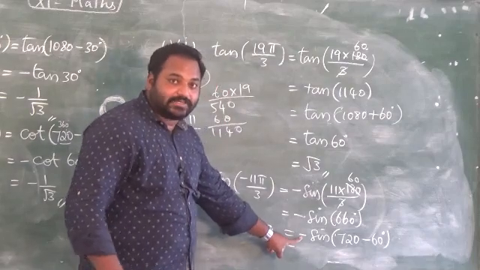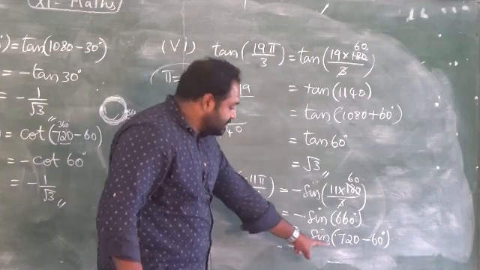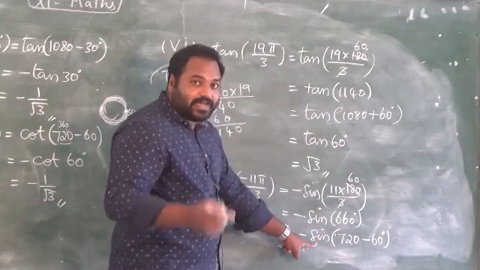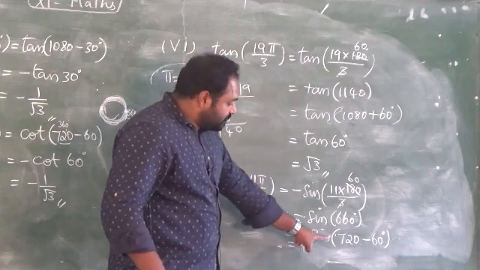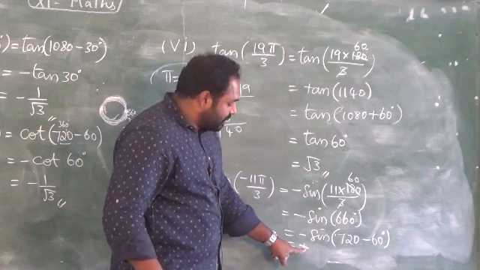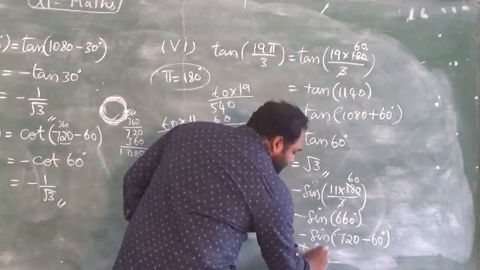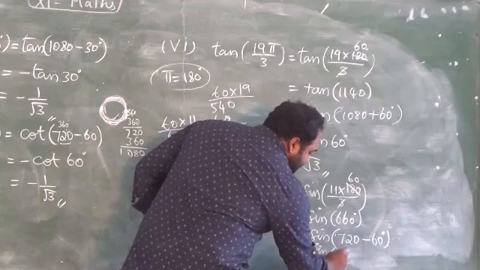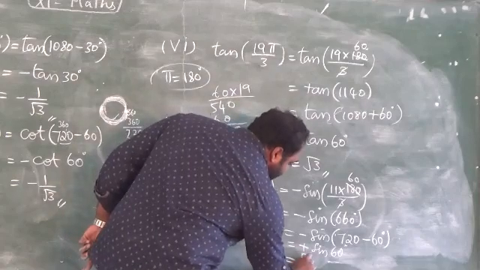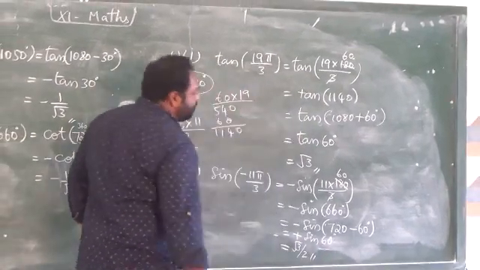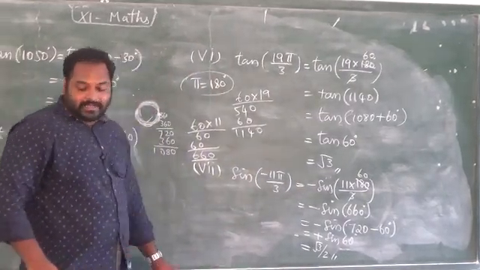Already one minus is there, so minus into minus becomes plus. Since we have 360, there is no change in the ratio, so sin 60, and sin 60 value is root 3 by 2. This is the value for sine of minus 11 pi by 3.